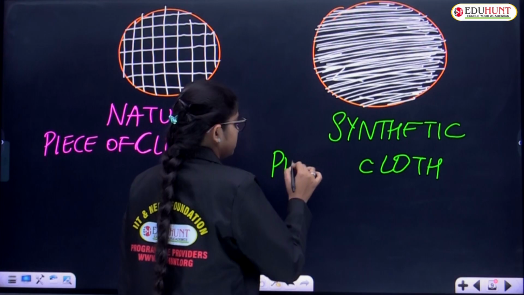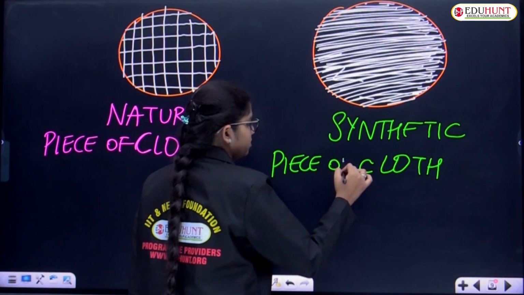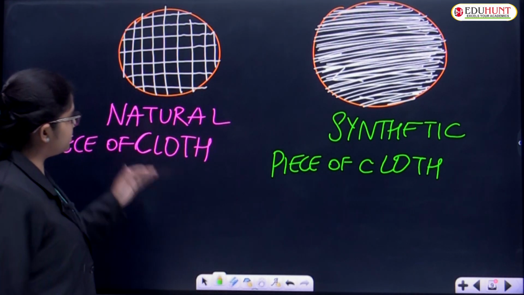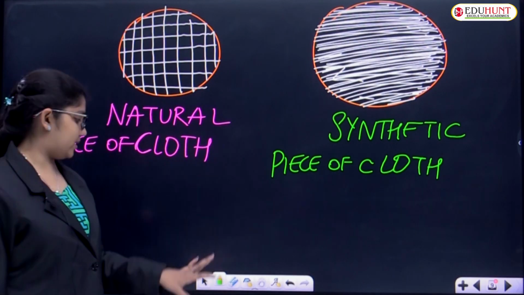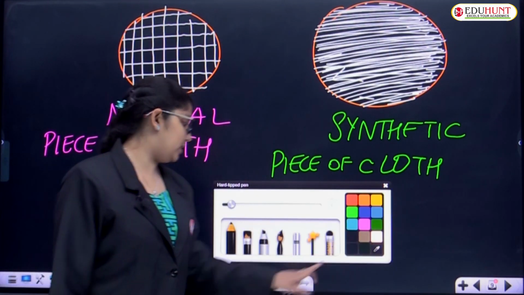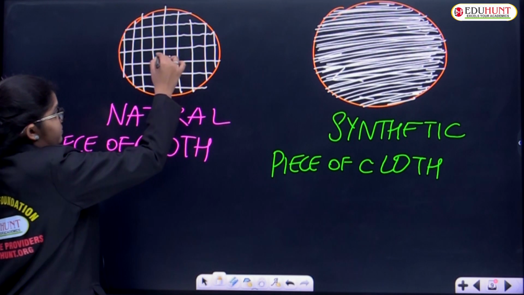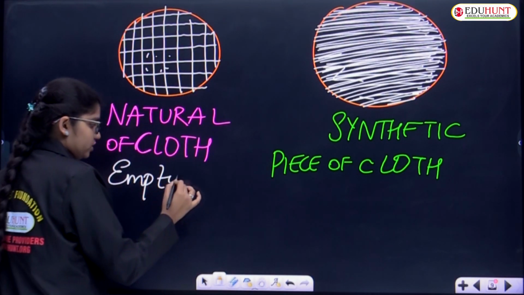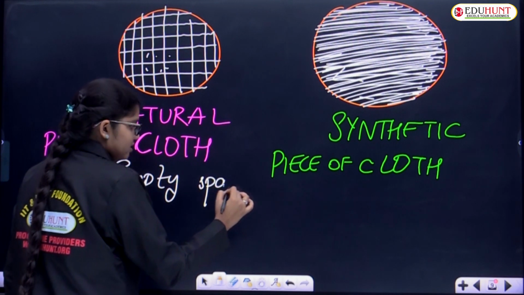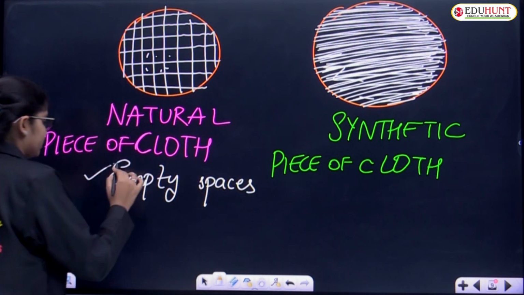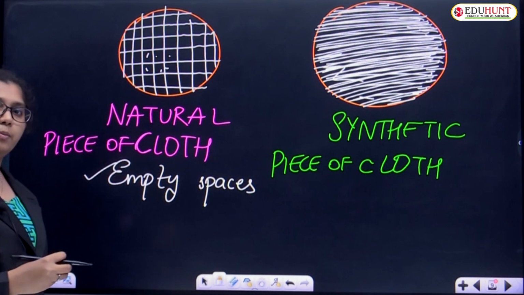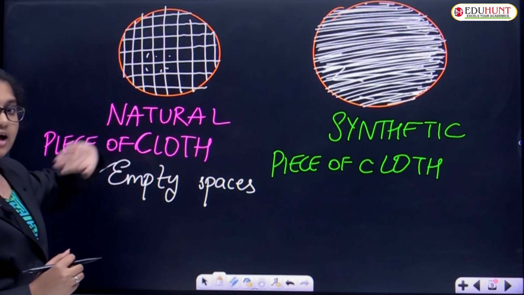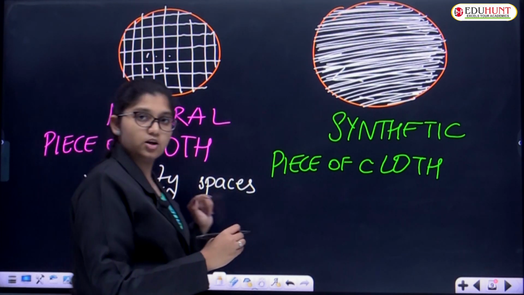If you observe both conditions, the natural cloth does contain some empty spaces all over. Because of these empty spaces, the water is absorbed at a higher level in the natural cloth. What about the synthetic cloth?